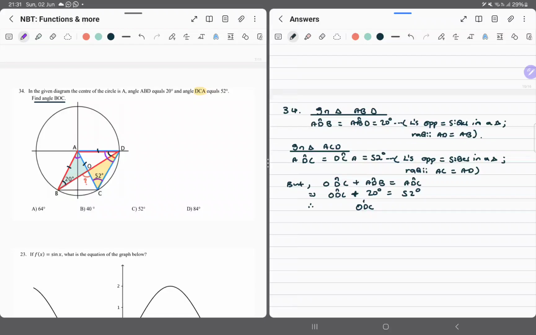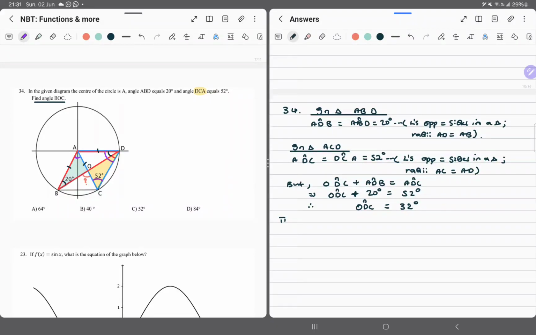Therefore, ODC is equal to 52 minus 20. This is what? 32 degrees. Remember, I don't have a calculator, guys. 2 minus 0 is 2. 5 minus 2 is 3. So basic arithmetic calculations need to be on point.